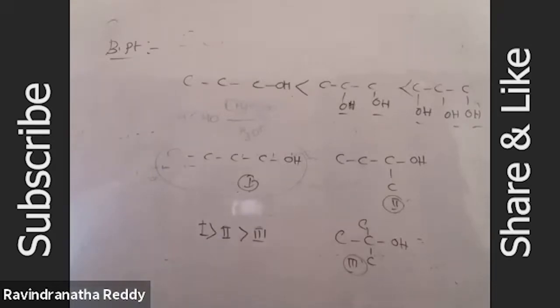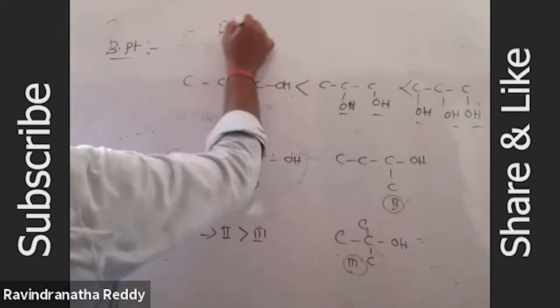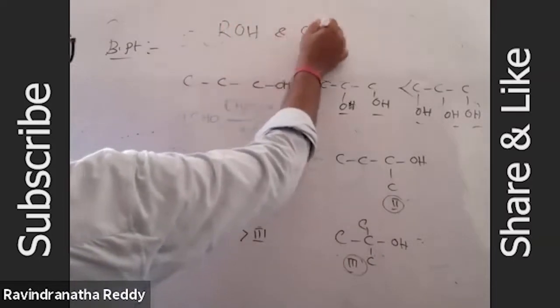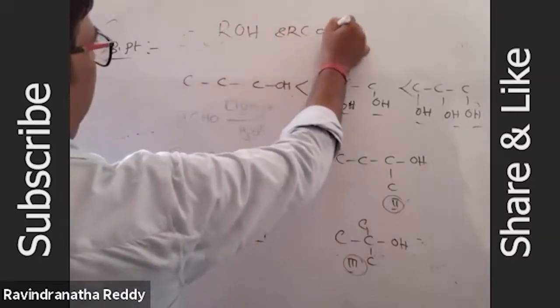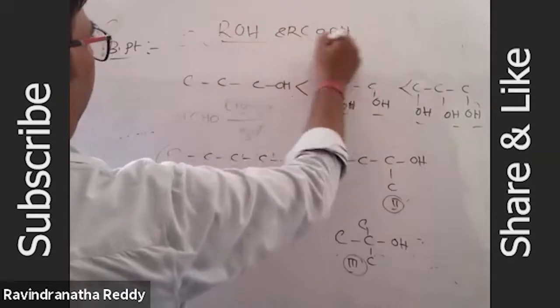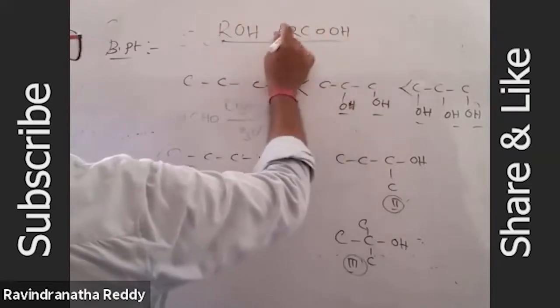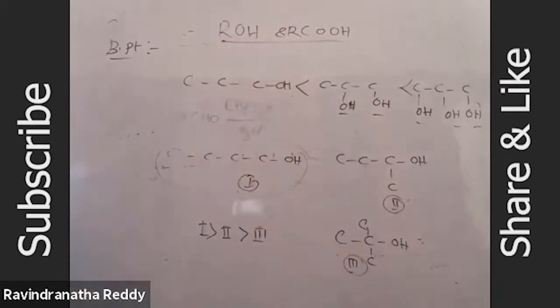Suppose you are taking alcohol and carboxylic acid. Which has more solubility or boiling point with comparable molar mass? One is alcohol and another one is carboxylic acid, RCOOH. Where is boiling point more? Not alcohol.